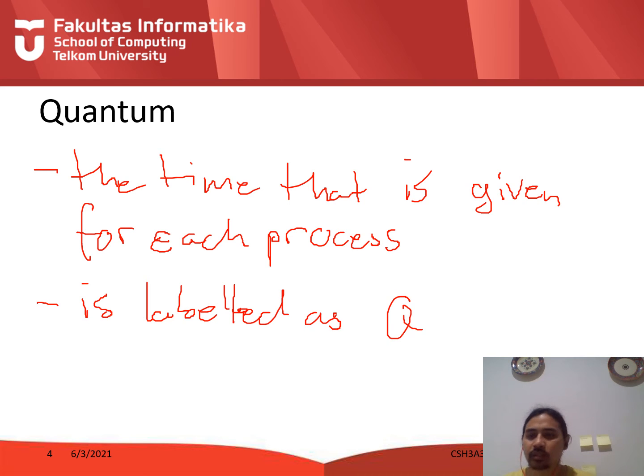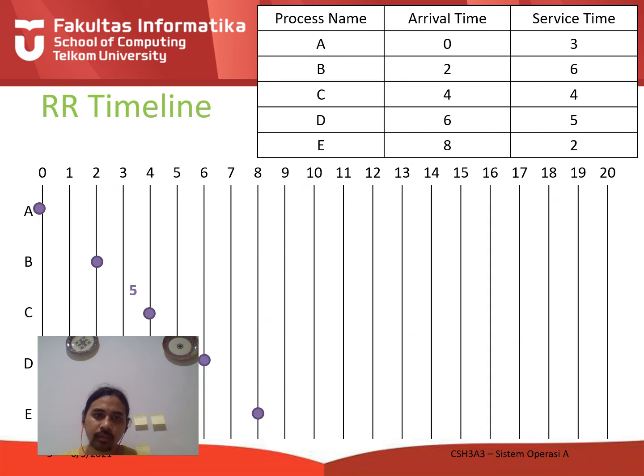Okay, so let's start our example. Here we have a round robin with Q equals 1.